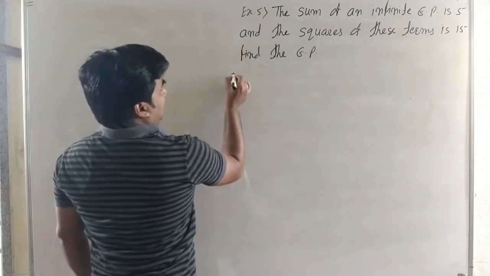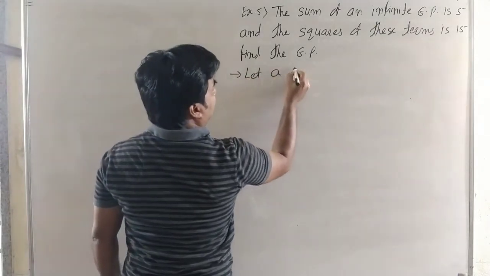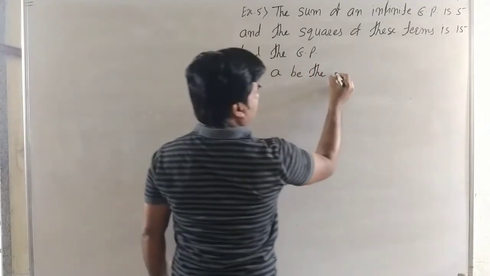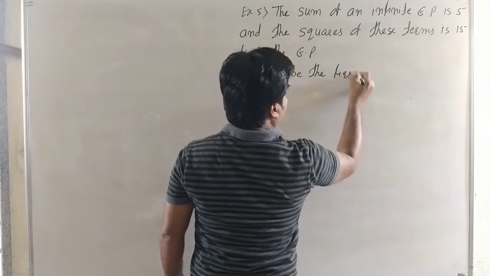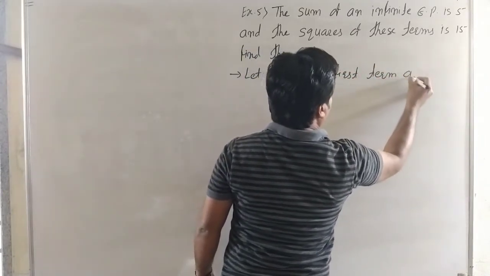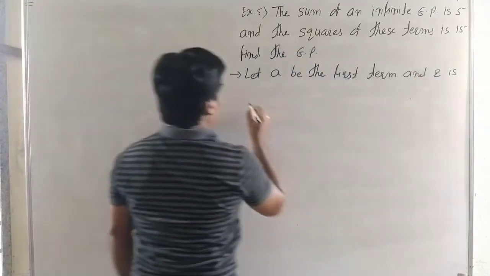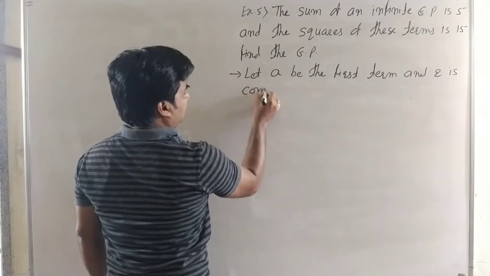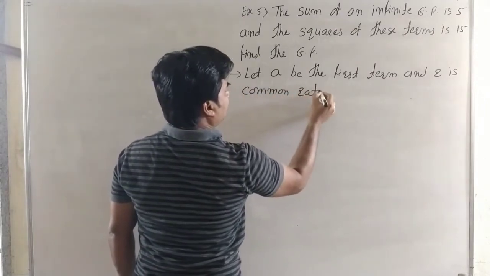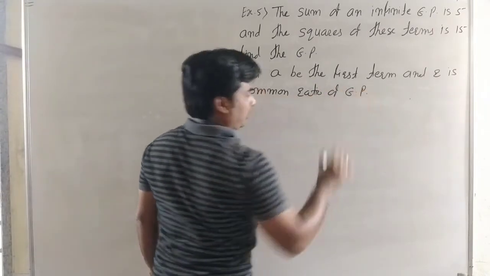Now here let a be the first term and r be the common ratio of the geometric progression.